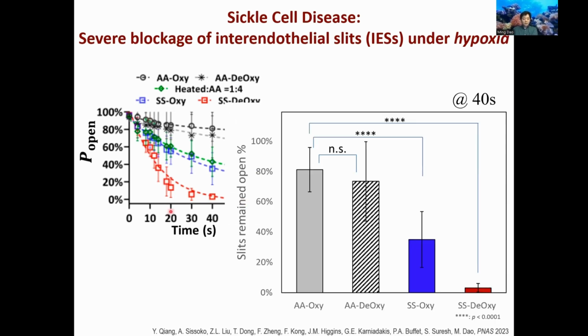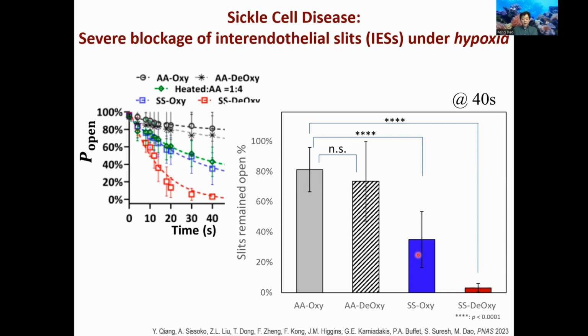For example, if we pick 40 seconds as the time point in our microfluidic device, you can see the number of open slits under different conditions. AA oxy versus AA deoxy, that means healthy cells under oxy or deoxy condition, don't statistically differ that much.